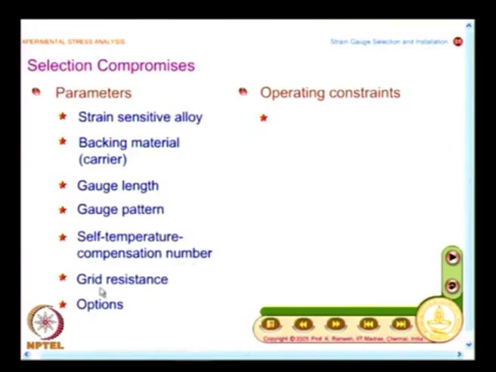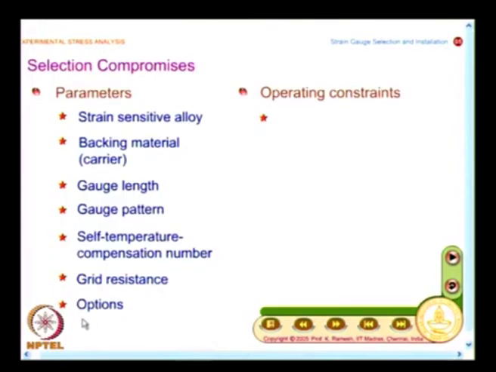And again the heat dissipation brings in what is the grid resistance that I should select. If I have a higher resistance, I minimize I squared R loss, thereby minimizing the heat generation. This may be necessary when I work on composites or poor conductors of heat as specimen material.